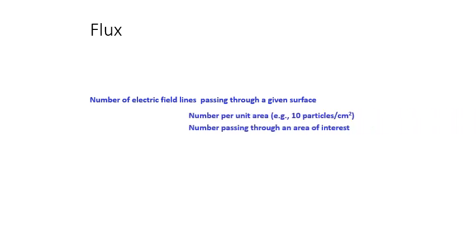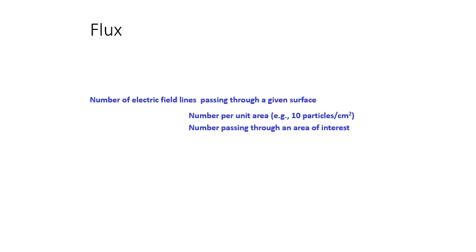As we have discussed, flux is the number of field lines passing through a given surface, and this flux is equal to the number of field lines per unit area.